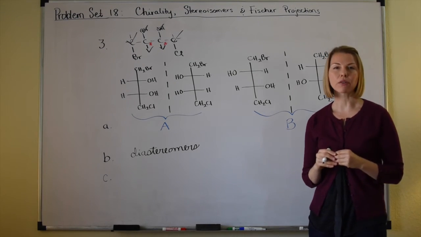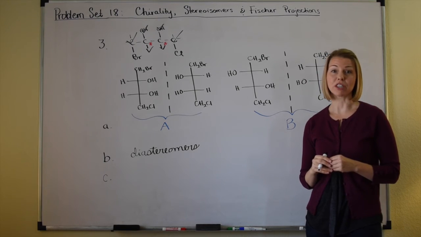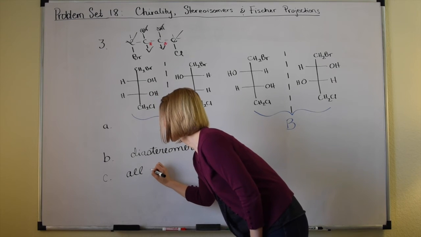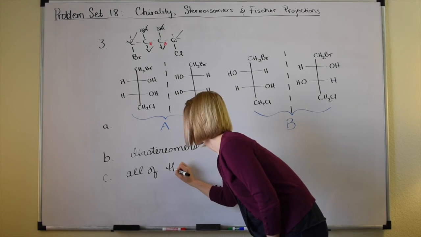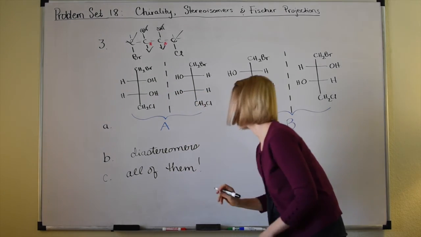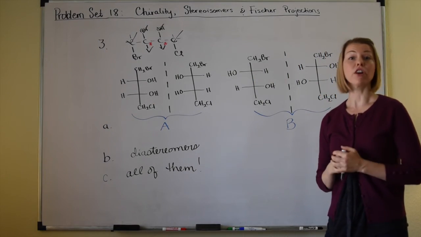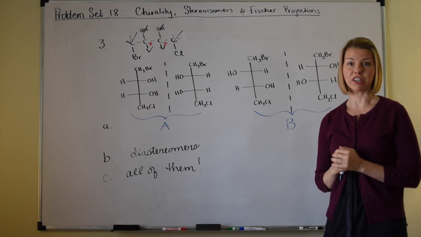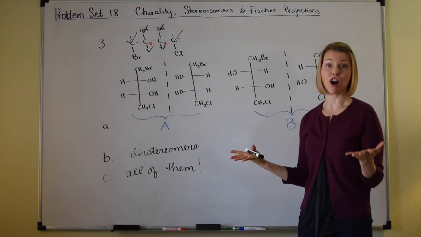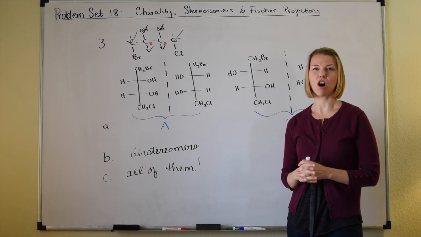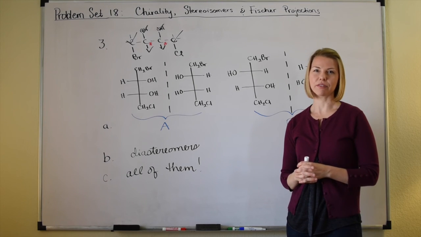So all chiral molecules will be optically active. So for C, all of them. They are all going to be optically active because they are all chiral. There are no meso compounds here that would cause one of these molecules to be inactive. They are all chiral. They are all optically active.